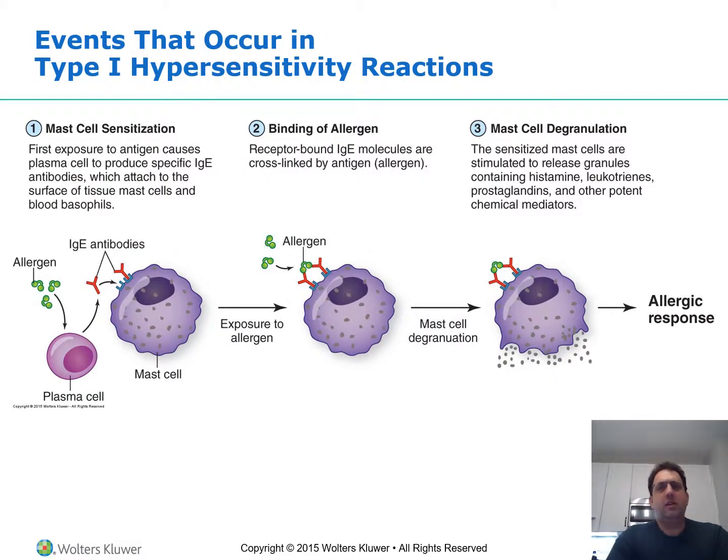Now in type 1, the first time you're exposed to something, you actually have to sensitize the mast cells. So the first exposure usually isn't as bad as following ones. You're binding to the allergen, and it will release some histamine from the mast cells.